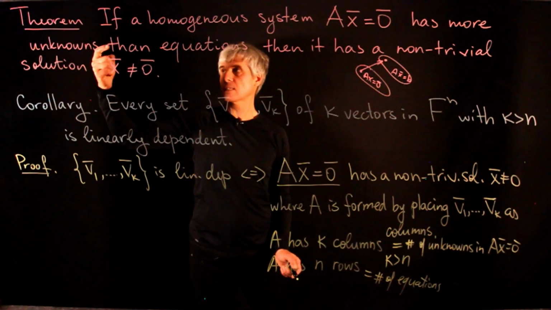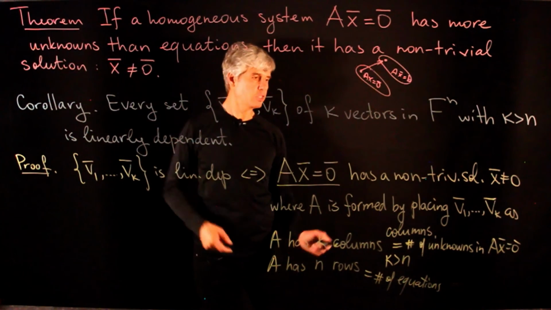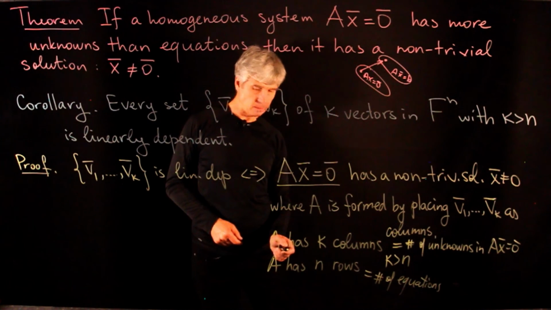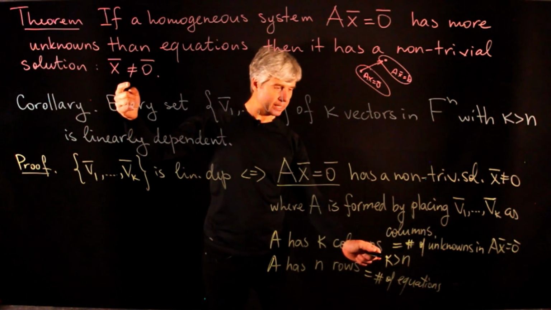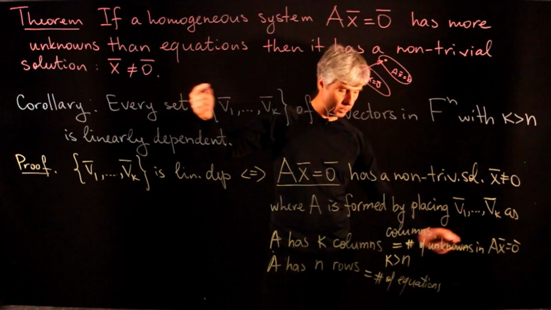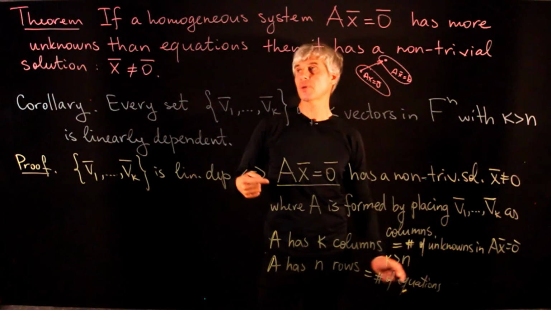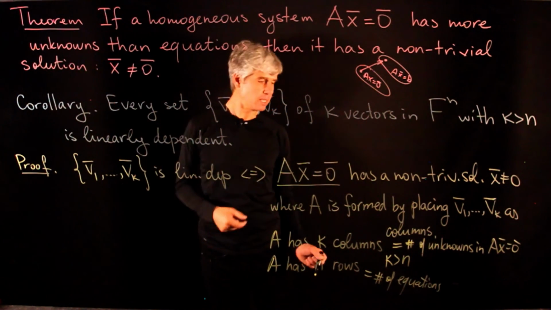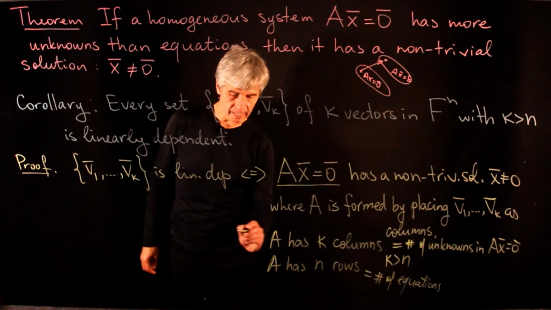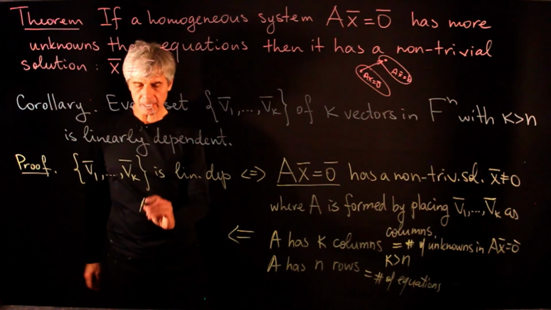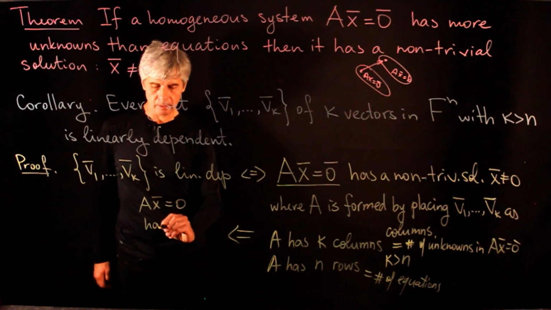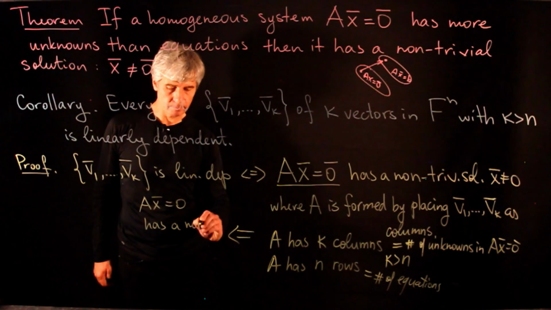And now we apply this theorem. So we have a homogeneous system of linear equations. And so k, which is the number of unknowns, is greater than the number of equations. And so by this theorem, we get that Ax equals 0 has a non-zero solution.